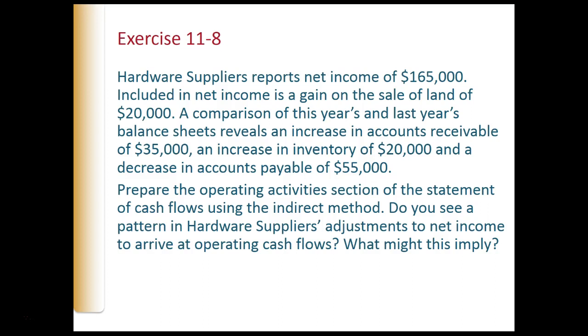We're going to prepare the operating activities section of the statement of cash flows using the indirect method. Do you see a pattern in Hardware Suppliers' adjustments to net income to arrive at operating cash flows? What do you think about this?